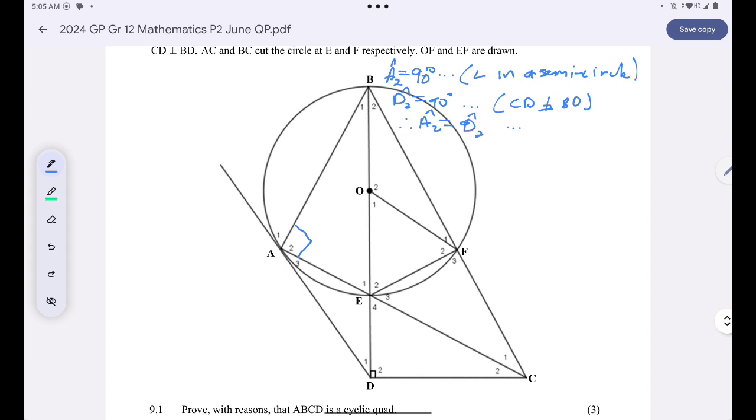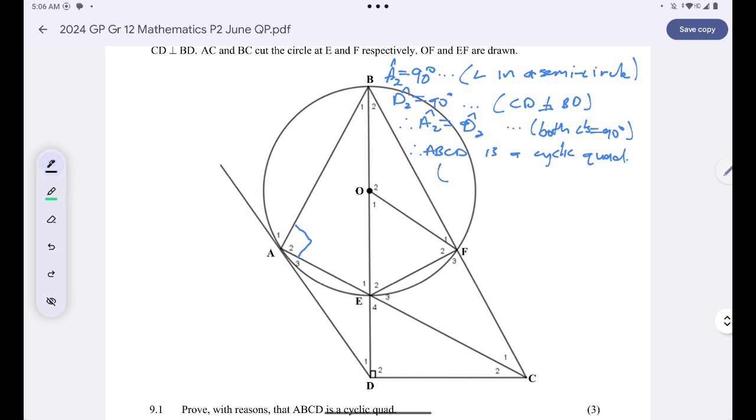Why am I saying that? Because both angles are equal to 90 degrees. So now I can therefore conclude that A, B, C, D is a cyclic quad, right?